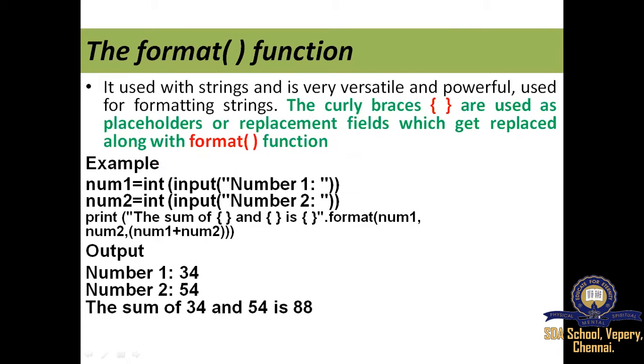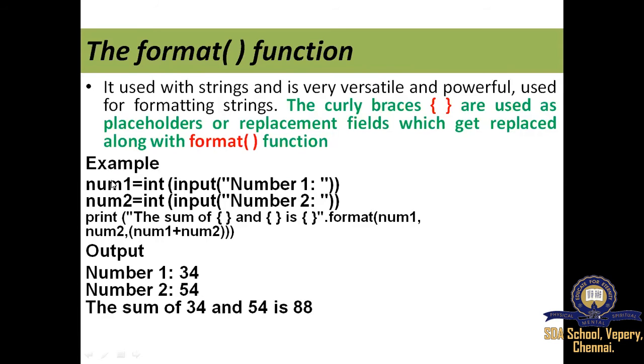Then, the format function, one of the most powerful and versatile functions used in Python. When you use the format function, it uses a pair of curly braces, which acts as a placeholder or replacement field that gets replaced along with the format function.